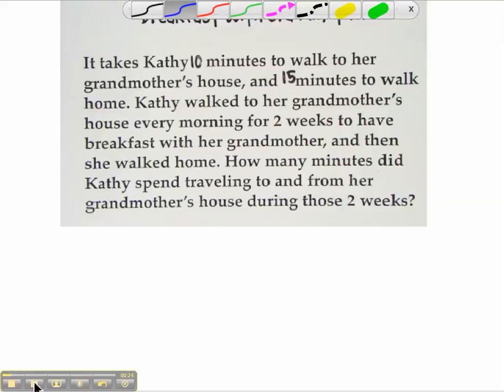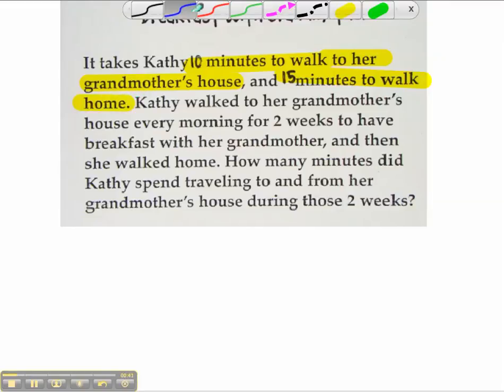You definitely need to identify some of these important things, like it takes her 10 minutes to walk to her grandmother's house and 15 minutes to walk home.